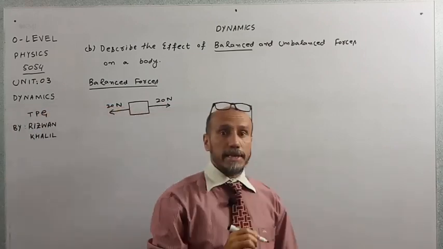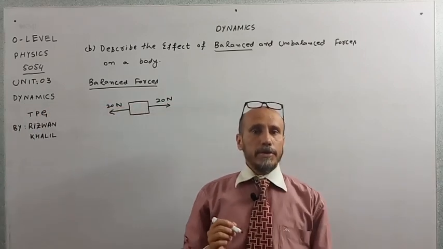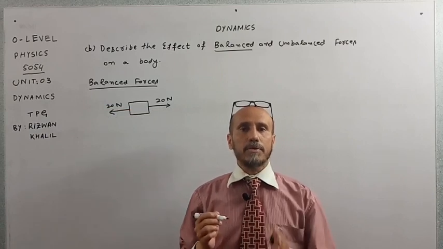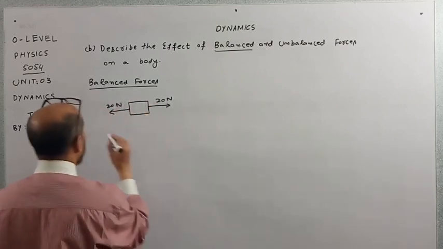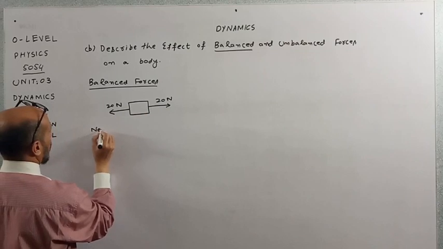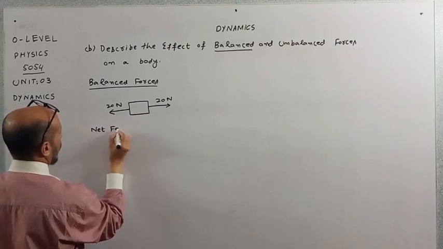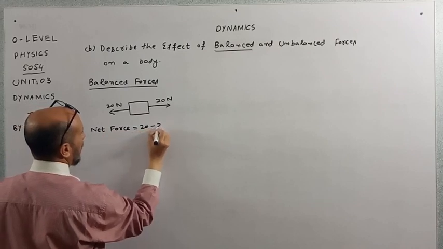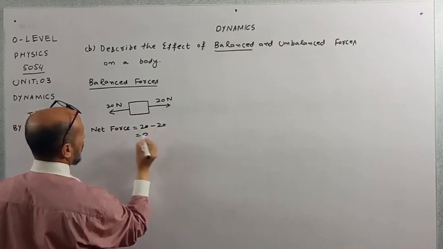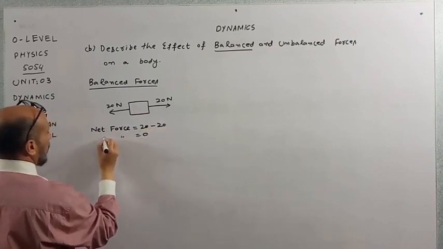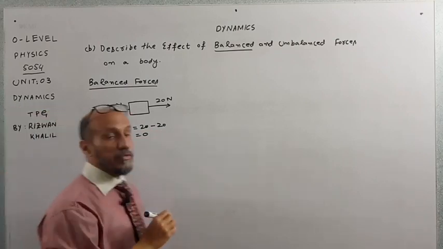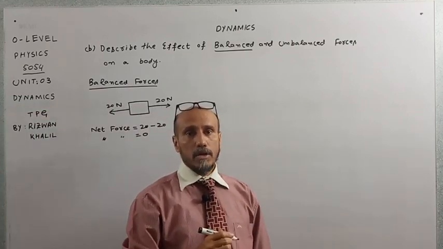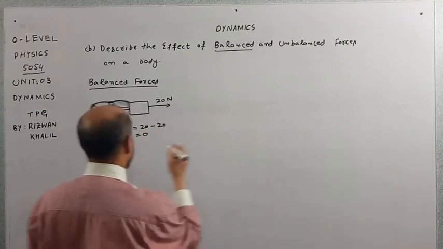So how many forces are acting on this body? Two. 20 Newton on left side, 20 Newton on right side. So what will be the net force or total force? That will be definitely 20 minus 20 equals 0. It means the forces are balanced.